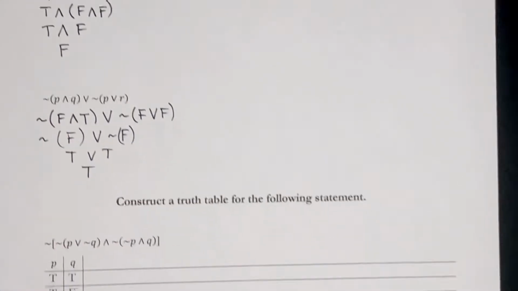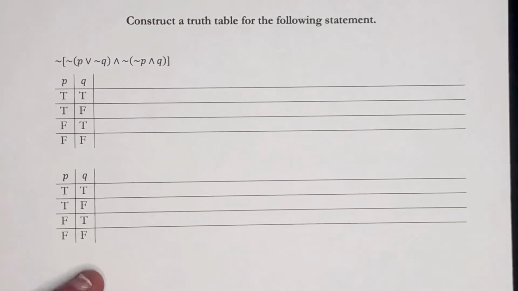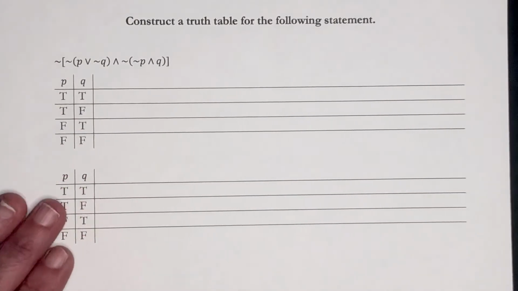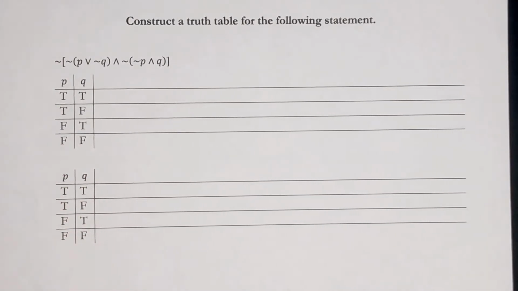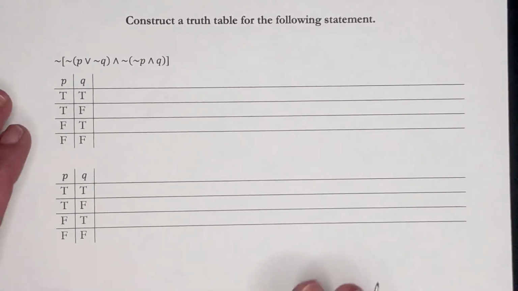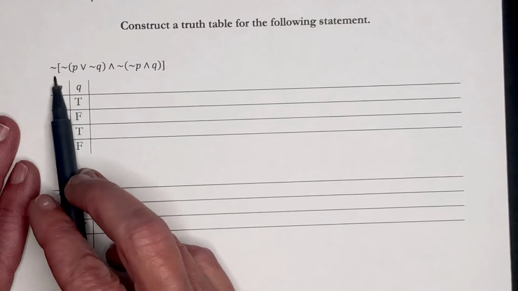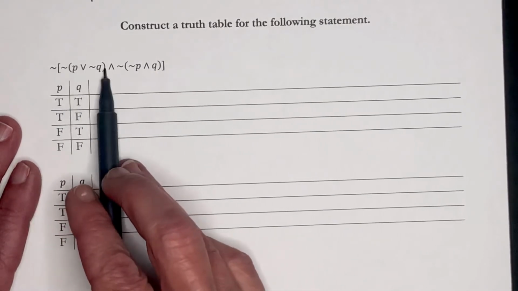Okay. Now, one last problem, and this is really about as ugly as they get. You have a lot of different pieces in here. I've even given you two truth tables because you're likely to have to go over into the next one. There's just not enough room. So I'm looking through this and trying to figure out all the different pieces I need. Well, I only have a P and a Q, which is nice.